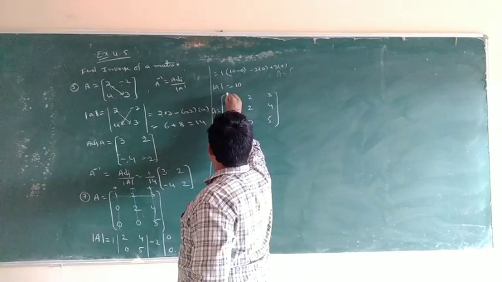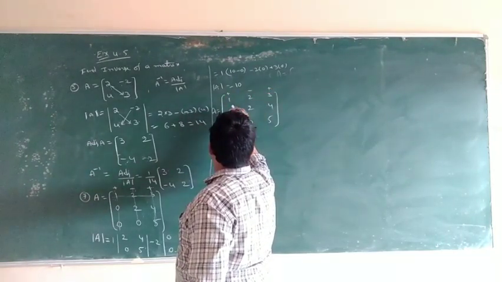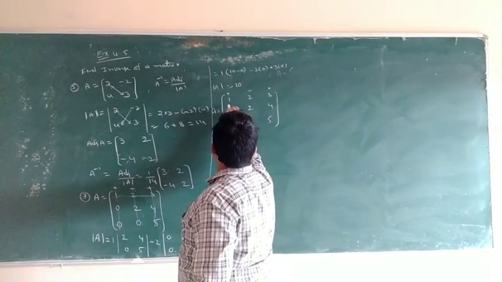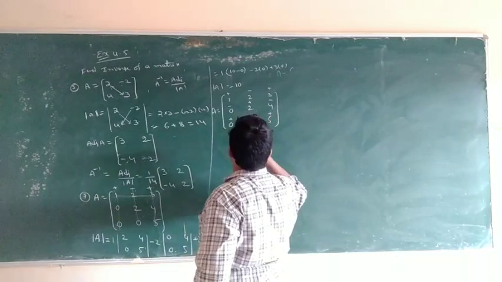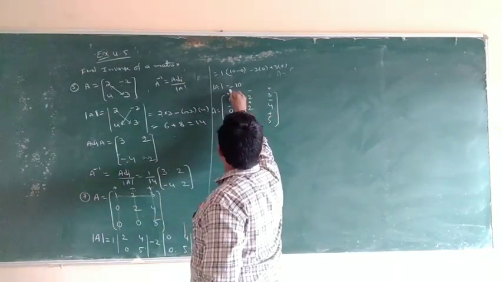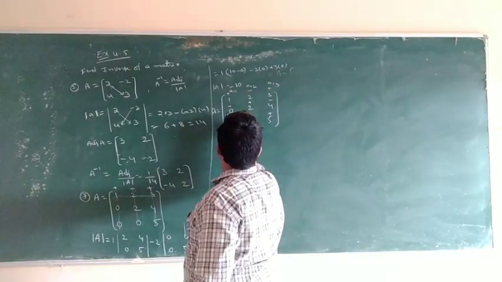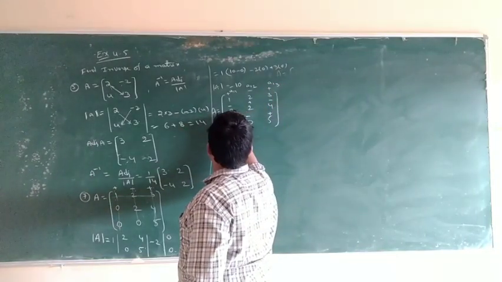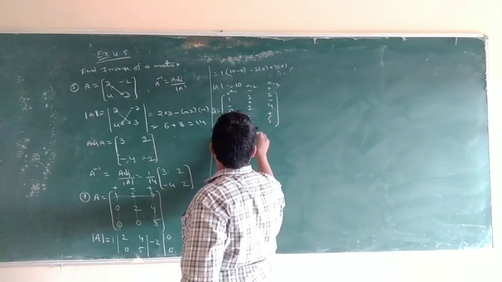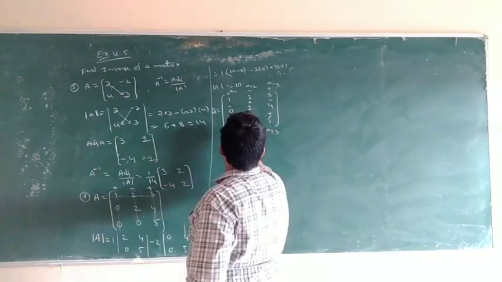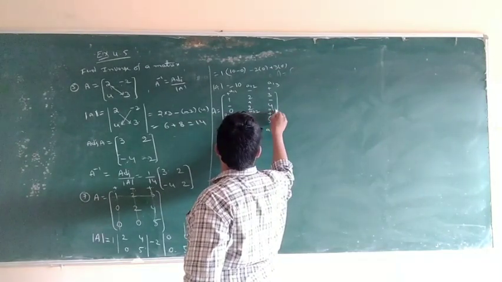The sign pattern is plus minus plus, minus plus minus, plus minus plus. So the first row cofactors are A11, A12, A13, next A21, A22, A23, then A31, A32, A33.